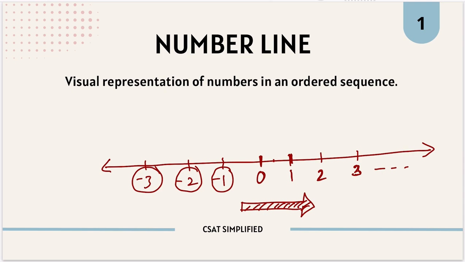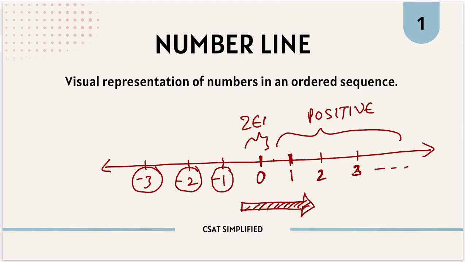All these non-decimal numbers are integers. These are positive integers. Whatever is there on the right of 0, these are positive integers. This is 0, and these all are negative integers.